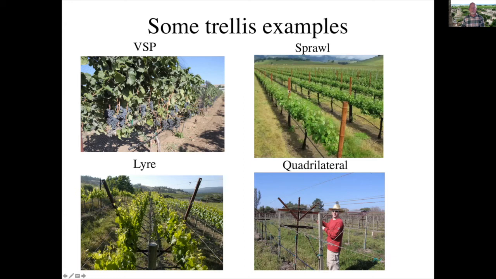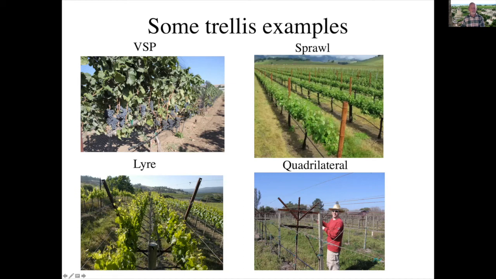The sprawl is a simpler system in which there's a single wire for your cordon and another wire just above it in which the shoots are grown to hang over and drape over that wire as if it was a curtain, and then it hangs down towards the ground. This provides more shade than the vertical shoot position system, but is a simpler system and may be more suitable in hotter climates.